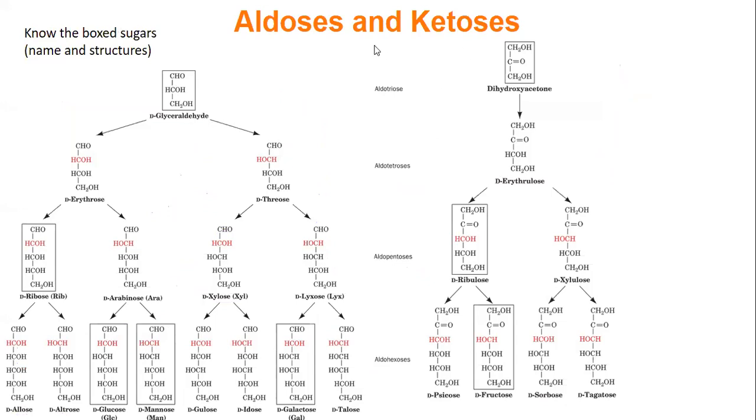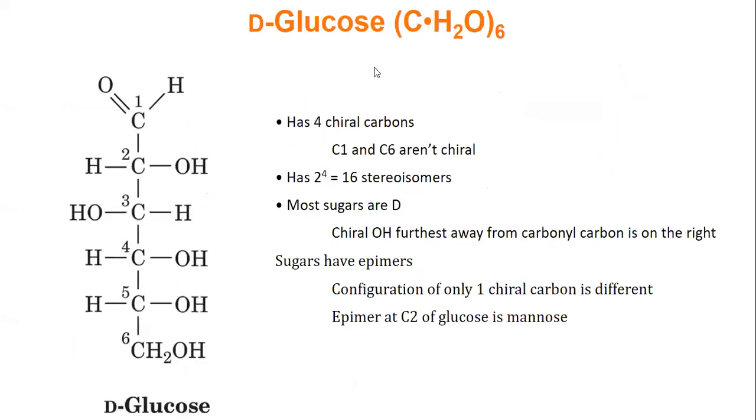We have special names for these. If we look at glucose, glucose only has 4 chiral carbons. Remember we talked about this at the very beginning: a chiral carbon is attached to 4 different chemical units, more or less.